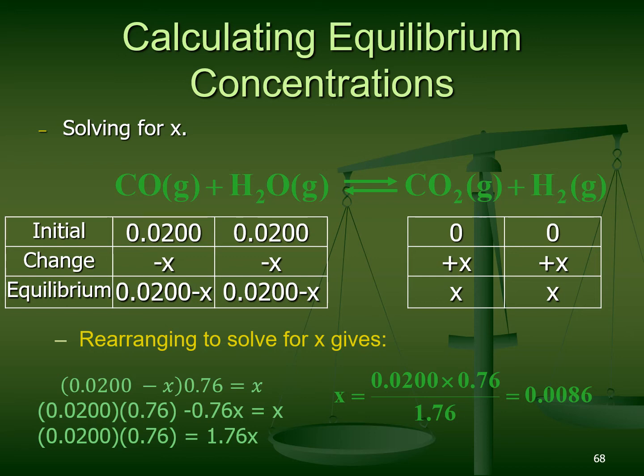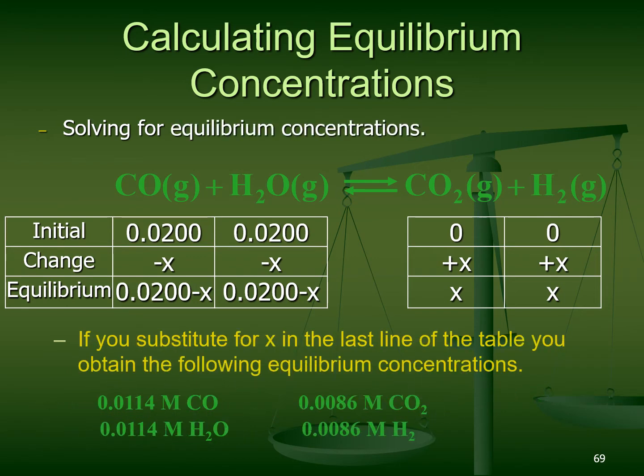So now we can plug that x back into our equilibrium values. All you have to do is take the x value that you got, which is 0.0086, and plug it back into the equilibrium line for x.